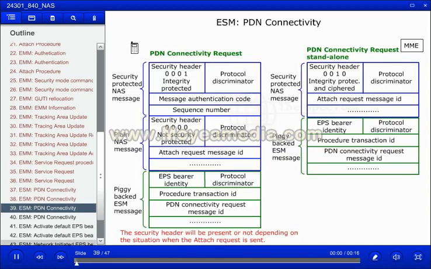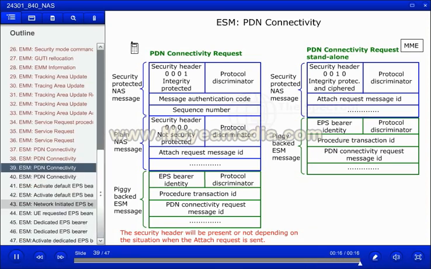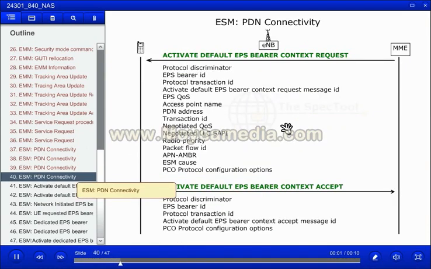Here, the PDN connectivity message delivered together with the attach request message, as well as the standalone PDN connectivity message, are illustrated. The information elements in activate default EPS bearer context request and activate default EPS bearer context accept messages.